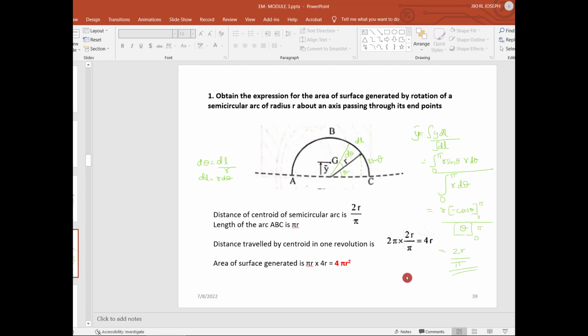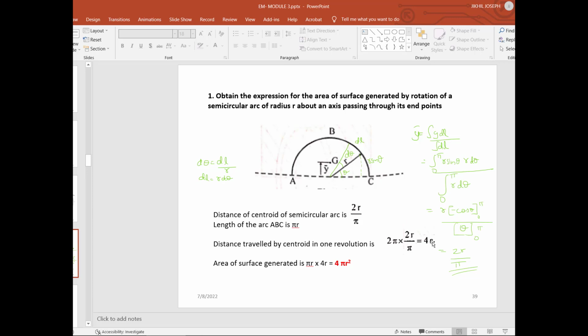So the distance traveled by the centroid alone in one revolution will be equal to 2 pi into 2r by pi. That means the centroid is at a distance of 2r by pi from this baseline, and considering a point here revolving with respect to the horizontal axis, we have 2 pi r, right? 2 pi into 2r by pi for the centroid.